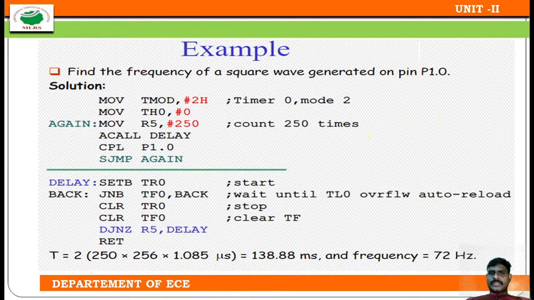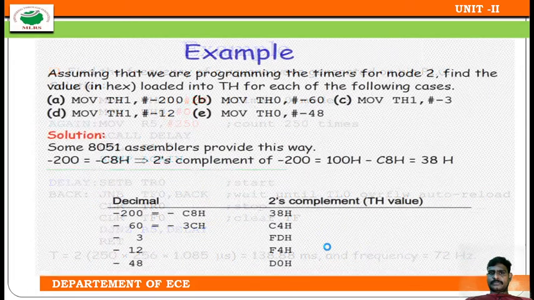So this is an example. Here 250 is loaded, R5 calls the delay program, it is jump non-zero delay, so that this particular value repeats 200 times. So if you take an example, it is generating 72 hits, that is 128 milliseconds of delay, for this particular program.